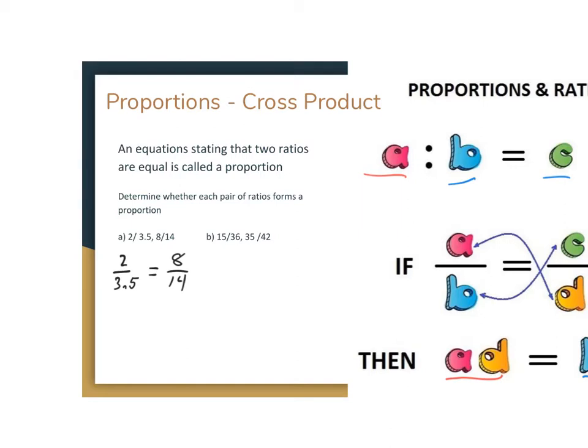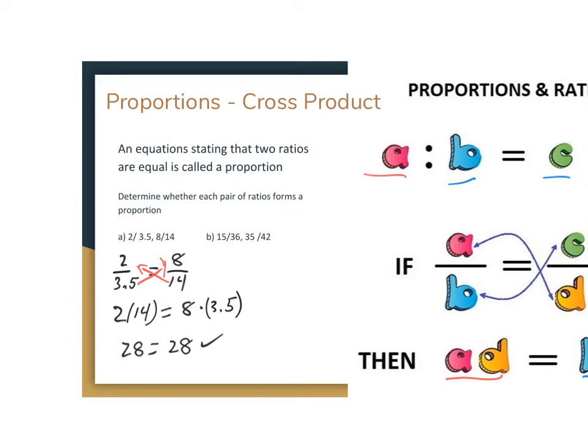So we're going to do our cross product, and we end up with 2 times 14 is equal to 8 times 3.5. Now we can evaluate that. 2 times 14 is equal to 28. And 8 times 3.5 is equal to 28. So it is a proportion.